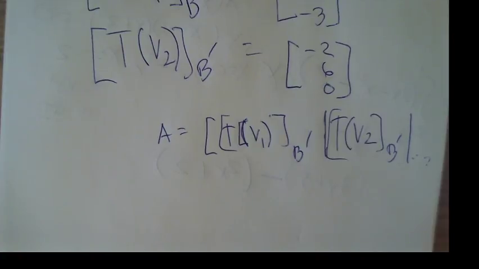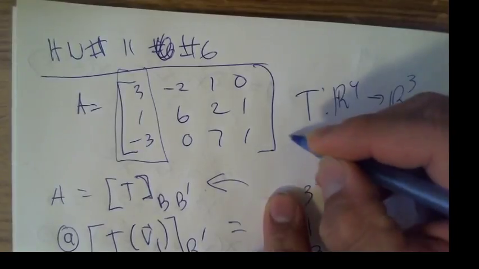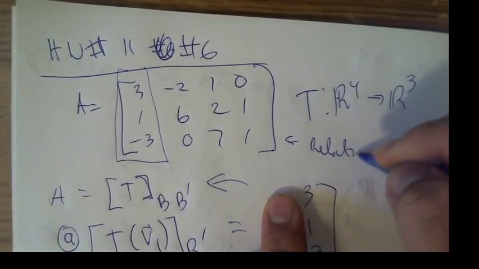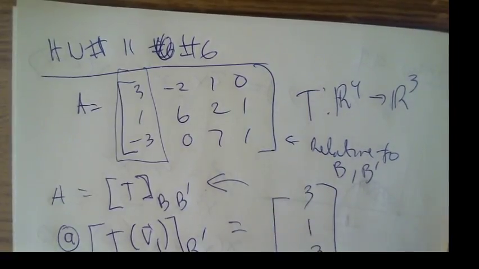I'm not sure about your notation, Eugene. Again, what I'm basing this on is that they already give me the transformation matrix. We're given this, and we're told that this is relative to B and B prime.